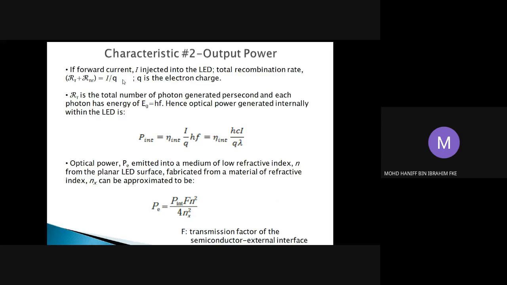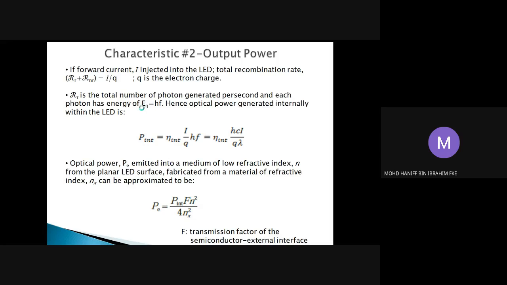We know that RR is the total number of photons generated per second, and each photon has energy of hf.